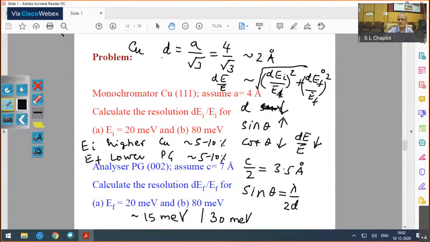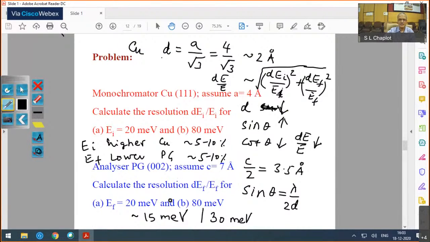If the two functions, monochromator and analyzer, were not correlated, then you could simply take the square of the two and take a square root. So if each number is in the range of 5 to 10%, then my net would also be around 10%. So that is the net 10% energy resolution we end up getting.